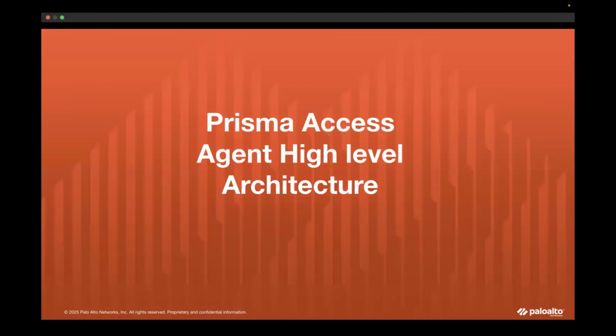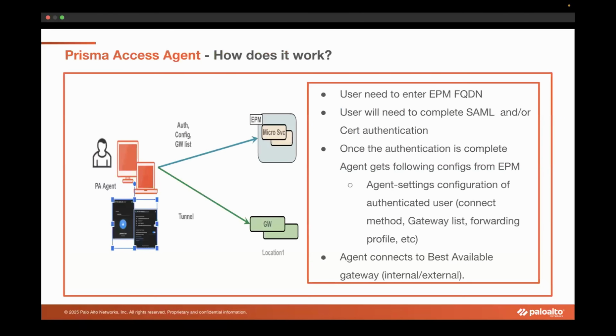So let's look at a high-level architecture of the Prisma Access Agent. Like we saw in the first slide, the user needs to have the endpoint manager FQDN on the agent, right? And when he connects, he will need to complete a SAML and/or certificate authentication with the CIE.